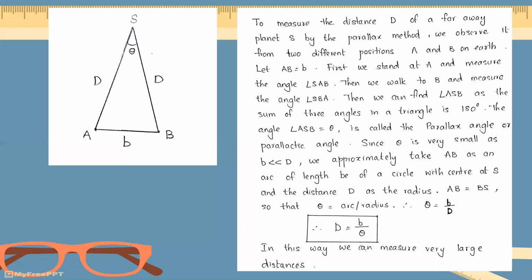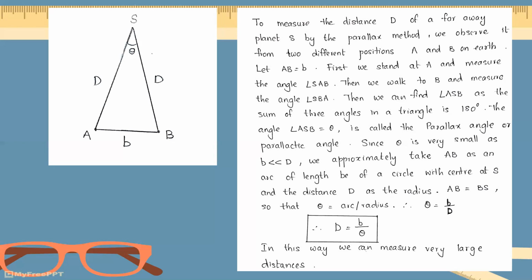Let us assume angle ASB is equal to theta. So now we found the value of theta by taking the sum of the three angles in a triangle as 180. This angle theta is called the parallax angle or parallactic angle.